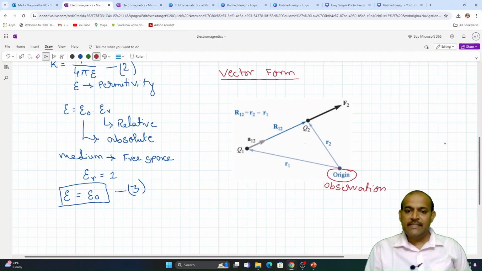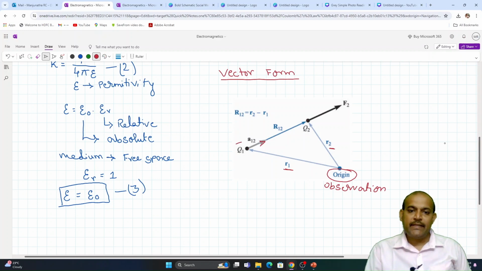If the distance from the observation point to q1 is r1, and the distance from the observation point to q2 is r2, and I want to calculate the direction, then as the statement says, it acts along the line joining the two charges. This is charge 1, charge 2, and the line joining these two charges is this.